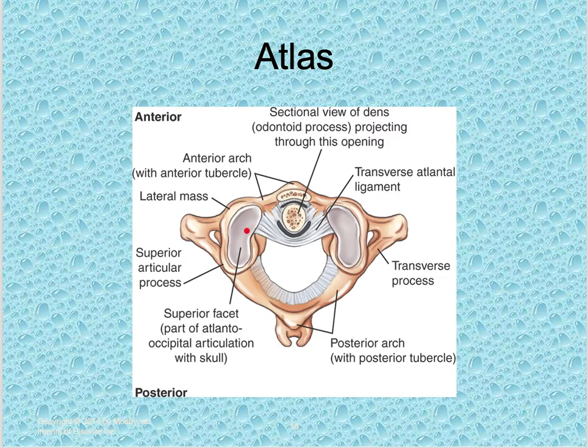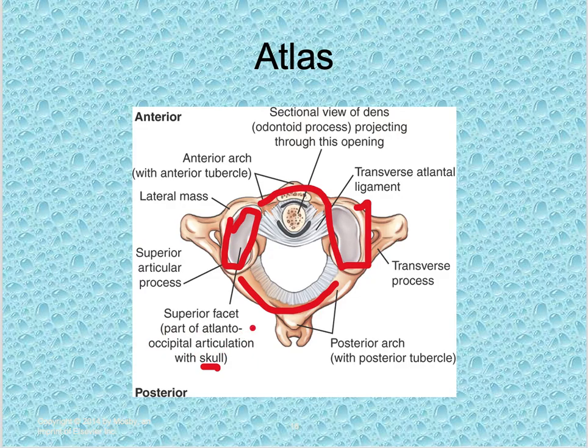So our atlas, we talked about our atlas. It has the posterior arch, the anterior arch. It has the articular pillars. The superior articular process here actually attaches to the skull, and it creates the atlanto-occipital articulation.